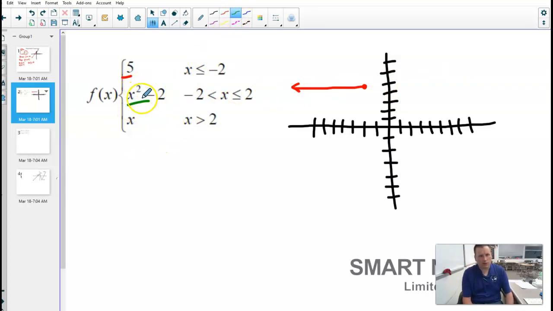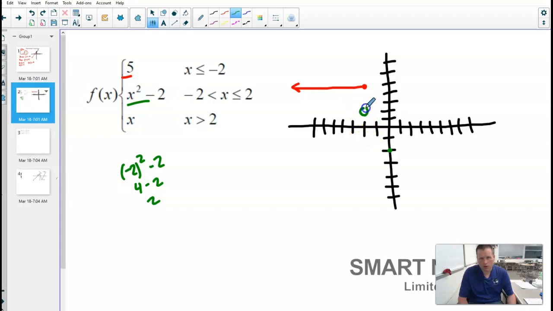This second one here is a quadratic. It's been shifted down 2, so this usually is right here, but it's down 2 here. And I would just plug in these values to see where the y is. So I'd plug in -2. When I plug in -2 here, so -2 squared minus 2, that's going to give me 4 minus 2, which is 2. So we know that when it's -2, it's at 2 here.